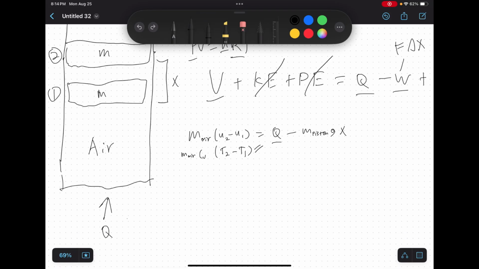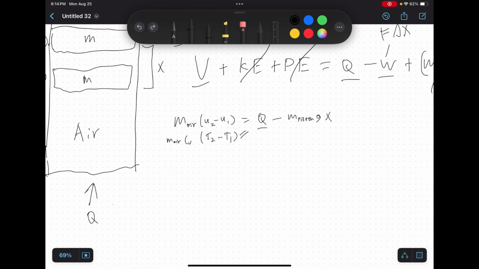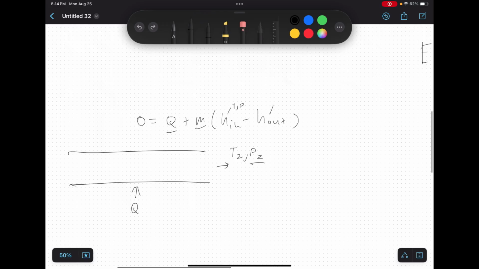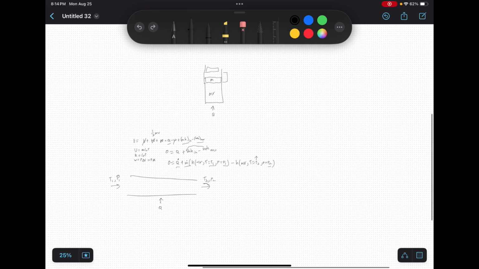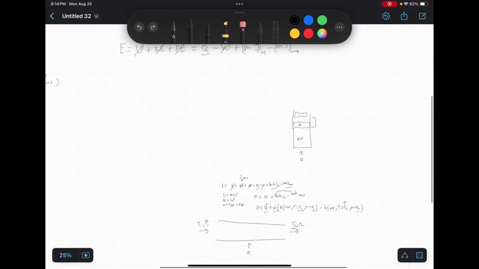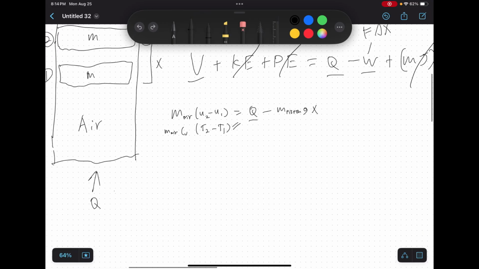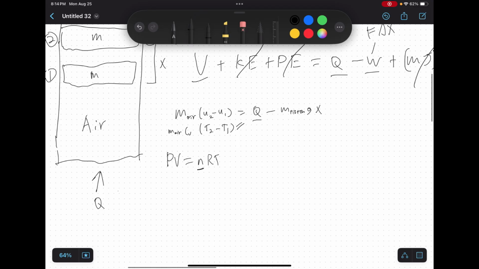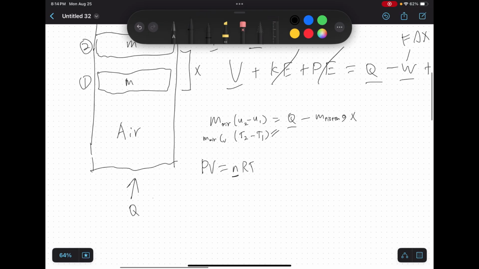And I think the way to do it is, I might have even talked about it down here or over here at some point, I don't know. All right, so you have PV equals nRT. N doesn't change because no air is entering or leaving the system, so the total number of moles of air in the system is the same.